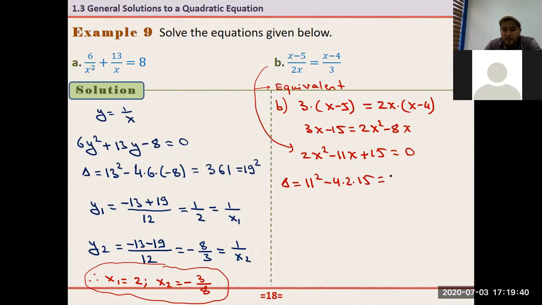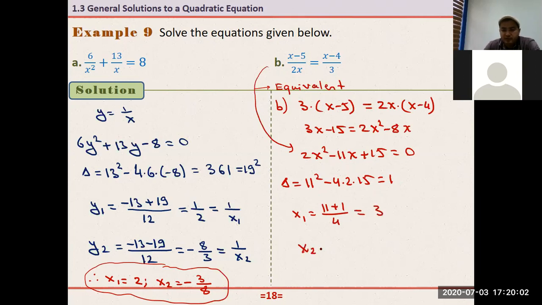Okay, using the formula, delta is 11 squared minus 4 times 2 times 15. Let me evaluate this: 121 minus 8 times 15, which is 120, that's equal to 1. So x1 equals minus b, that's 11 plus 1 over 2 times 2, that is 4, which is equal to 3.